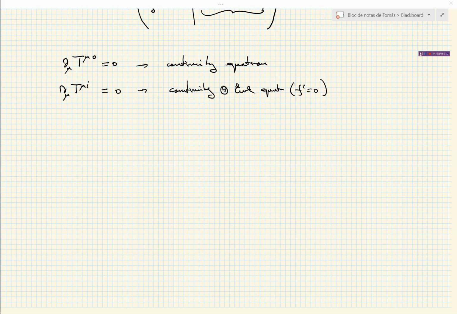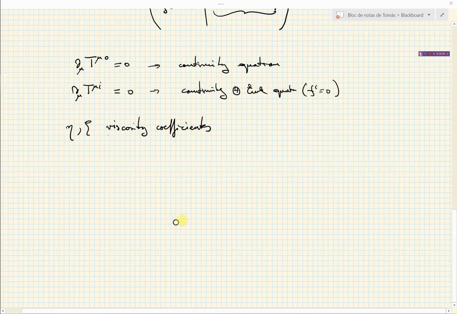And one of the most popular cases is the one in which these imperfections are taken into account by incorporating two viscosity coefficients, which are called eta and zeta. And they control the modifications of the Euler equation.